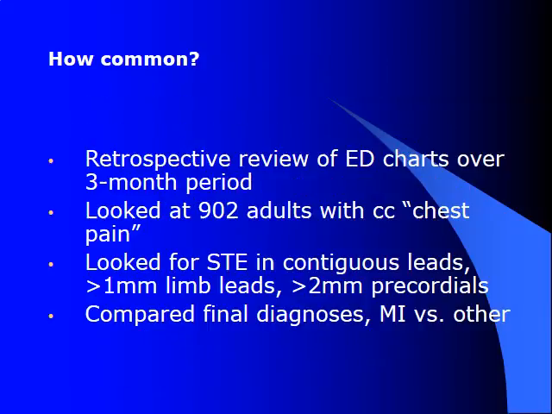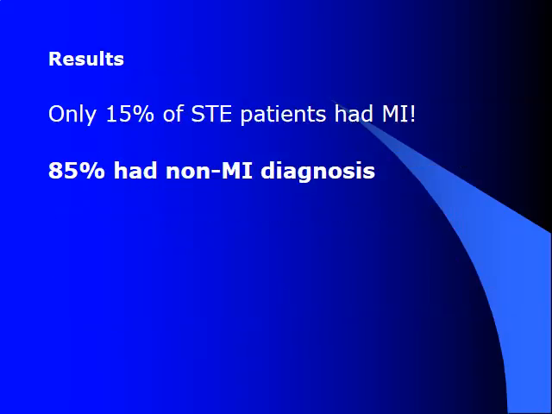So they did a retrospective review of emergency department charts over 3 months, looking at 900 adults with chest pain, and they looked for ST elevation in contiguous leads, 1 millimeter in the limb leads and 2 millimeters in the precordials. And they compared the final diagnosis of MI versus something else.